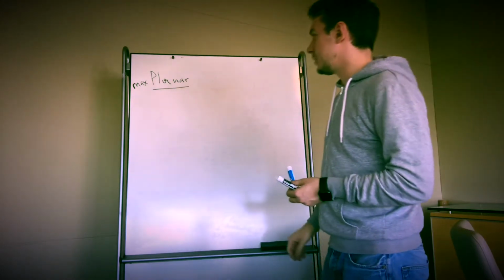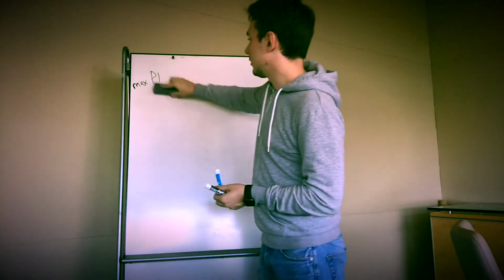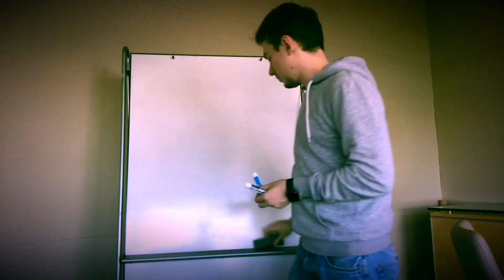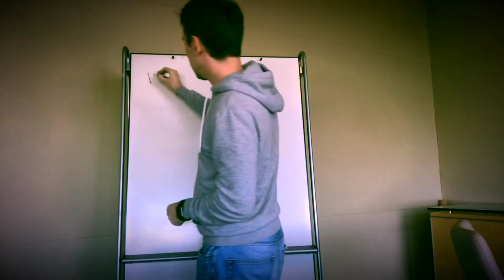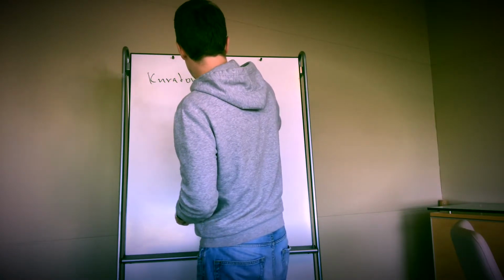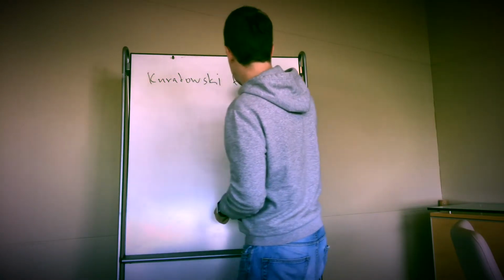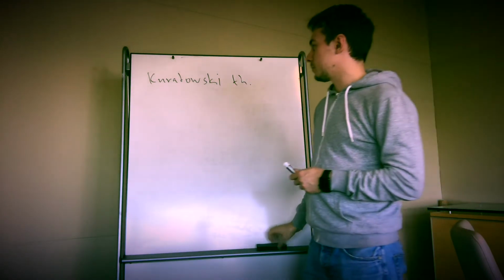Okay, so how can we detect if a graph is a planar graph or not? There is a Kuratowski theorem. What does it say?